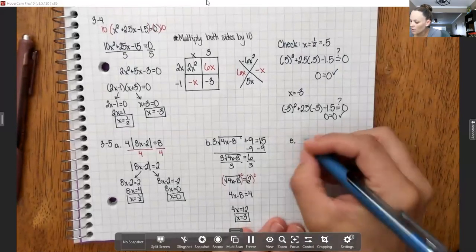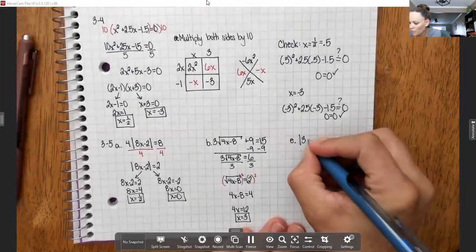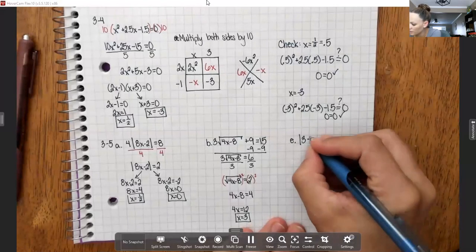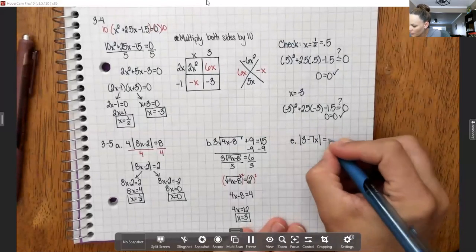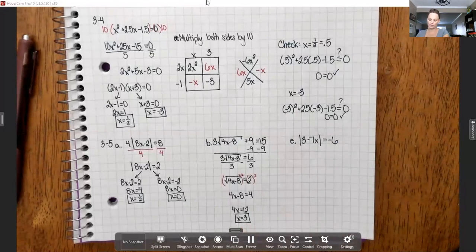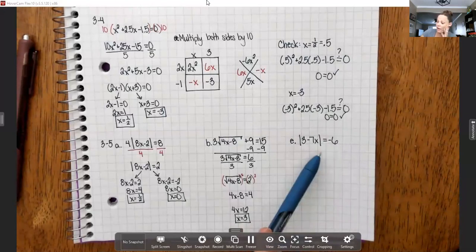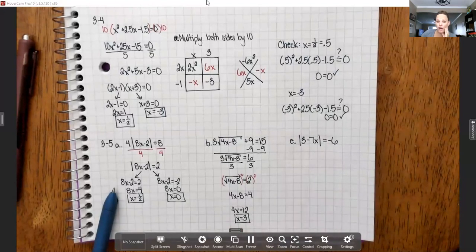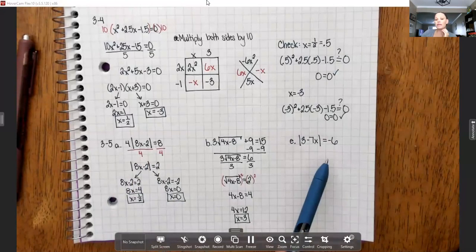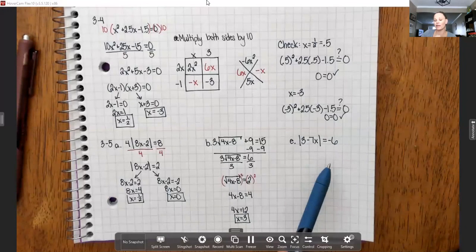Part E is the absolute value of 3 minus 7x equals the absolute value of negative 6. So it's another absolute value, and we saw on part A the absolute value typically has two answers. This one doesn't have two answers. Absolute values can have 0, 1, or 2 answers, just like quadratics.